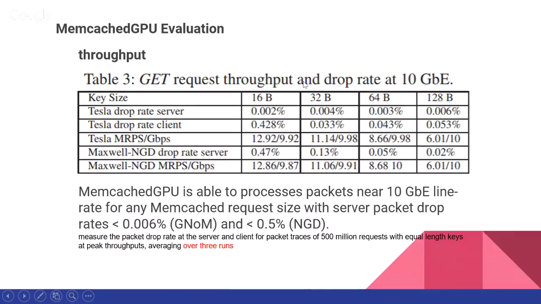So the data presented in this table is more reliable. We can see that memory cache GPU is able to process packets near 10 gigabit line rate for any memory cache request size, with server packet drop under 0.006% for the GNoM software architecture.